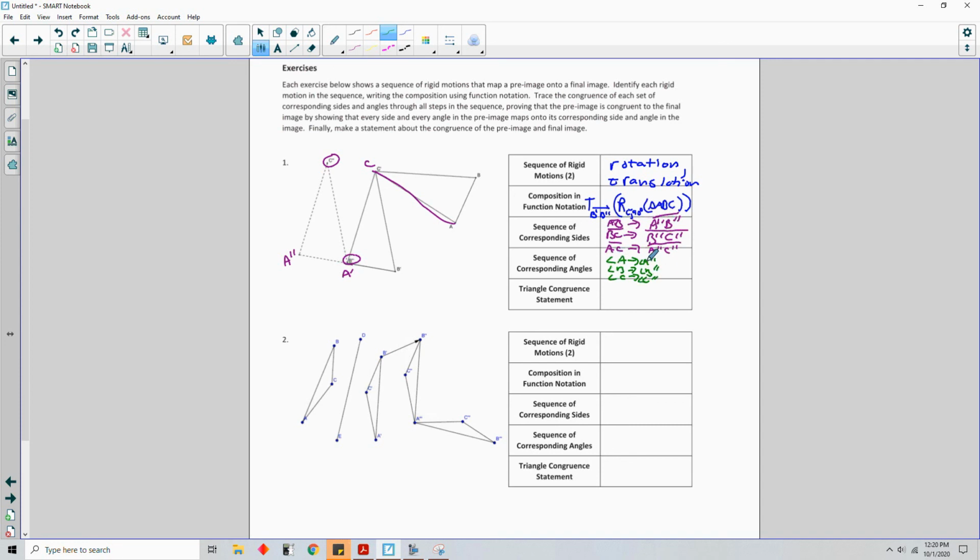So A became A double prime, B became B double prime, and angle C became angle C double prime. Triangle congruent statement. Triangle ABC is congruent to triangle A double prime B double prime C double prime.